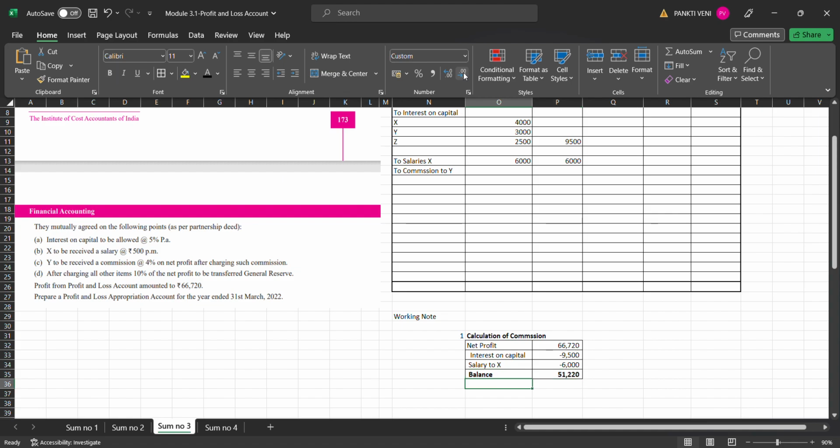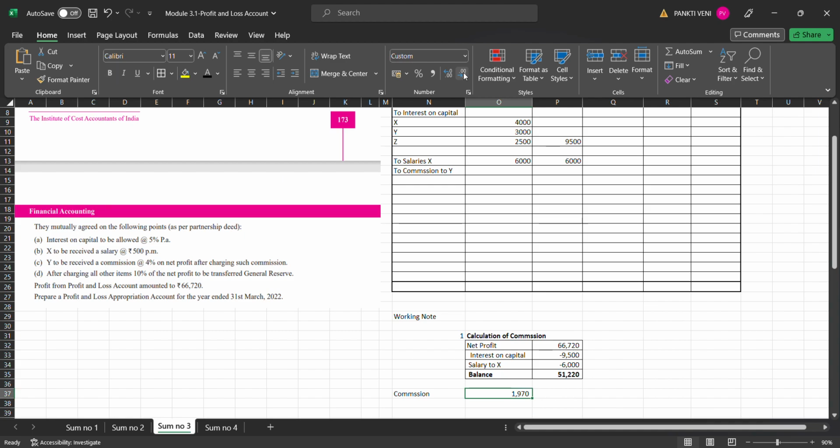Now what I'm supposed to do? I'm supposed to calculate commission. So commission amount is 51,220 into 4%, divided by 104, because I'm supposed to find out 4.